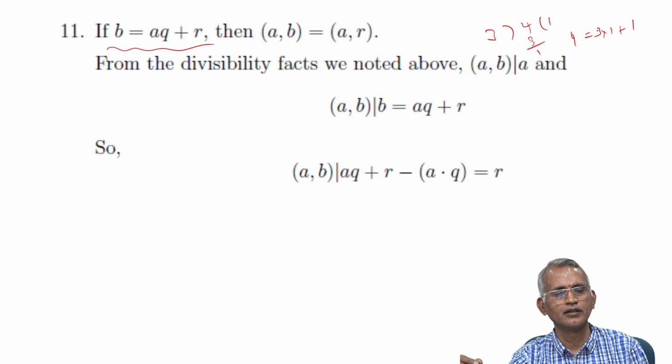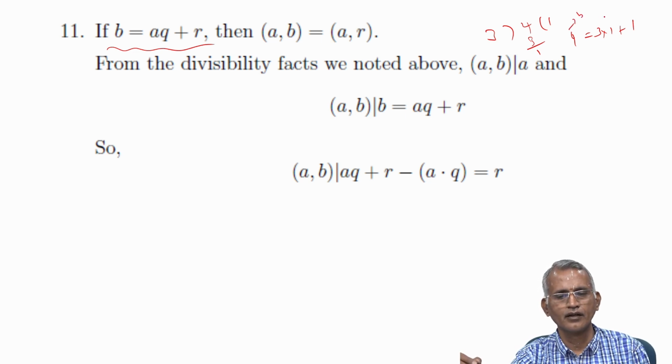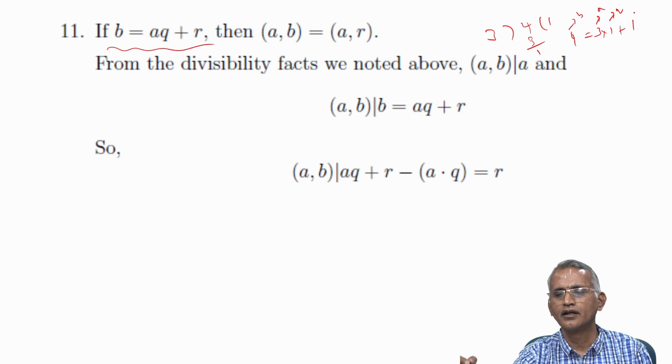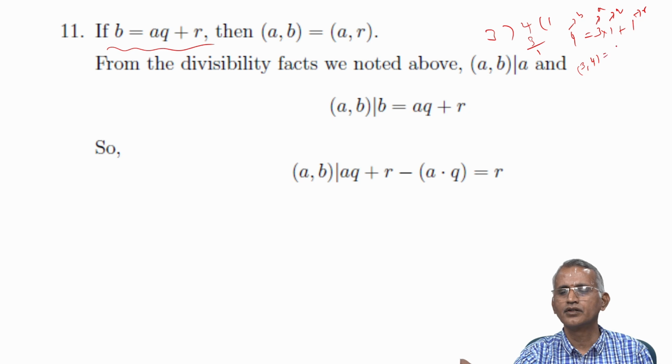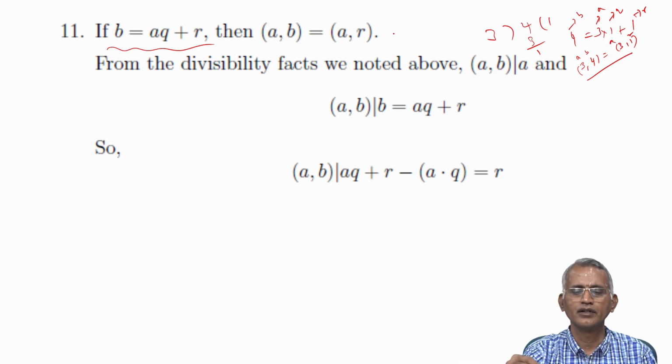Here this is B, this is the quotient, this is the divisor and this is the remainder. Therefore, the GCD of 3 comma 4 is equal to the GCD of A comma R. So, this is (A, B) and this is (A, R). So, it will definitely come.